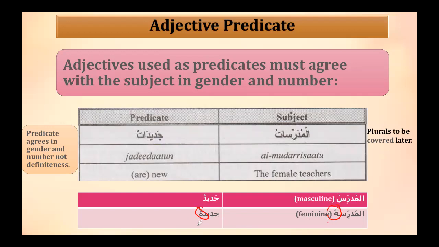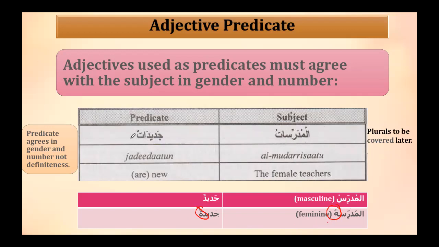Again, we will study about gender in the future, but this is just pointing out to you that the predicate needs to match in gender and in terms of plurals. We haven't studied plurals yet. We will study plurals in a future lesson, but the feminine plural over here is al-mudarrisat. This is feminine, which we will learn later.